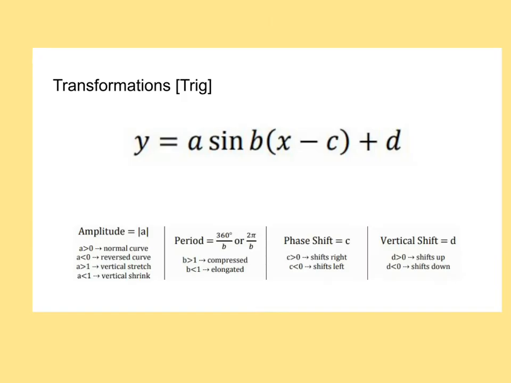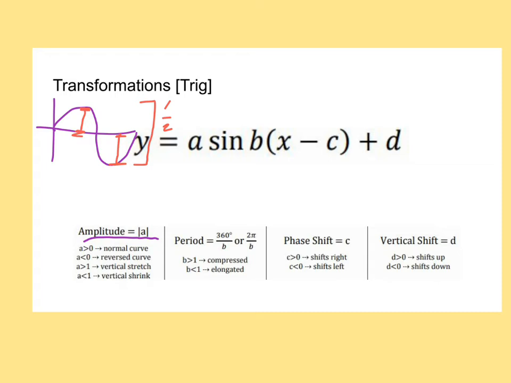For our transformations, our A value is now replaced with what's known as the amplitude. The amplitude, if given a simple waveform, in this case a sine, is the measurement from the highest point to the midline to the lowest point, or 1/2 the distance of the overall height.